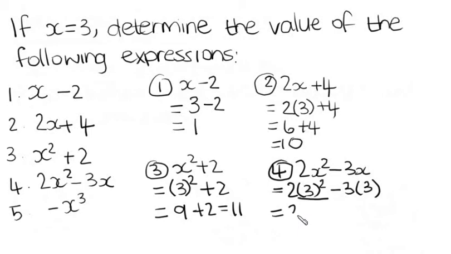So therefore I have 2, open bracket, 3 to the power of 2 gives me 9, close bracket, minus 3 times 3 gives me 9 as well. Okay. Let's simplify this. 2 multiplied by 9 gives me 18, and then 18 minus 9 gives me positive 9. Perfect. So now we need to find some space for number 5.